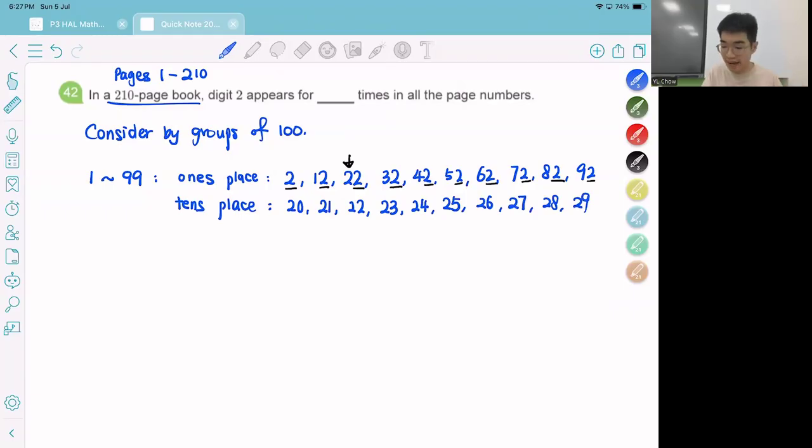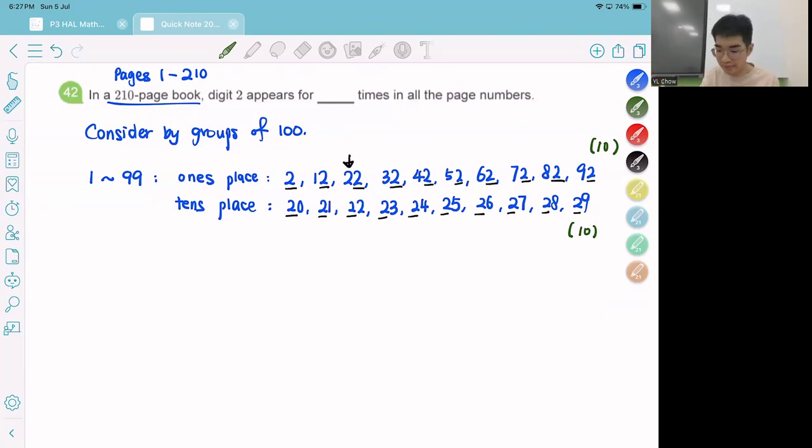That is another 10 times. So to sum up, digit 2 will appear 10 times at the ones place and 10 times at the tens place. This is the first case, 1 to 99.